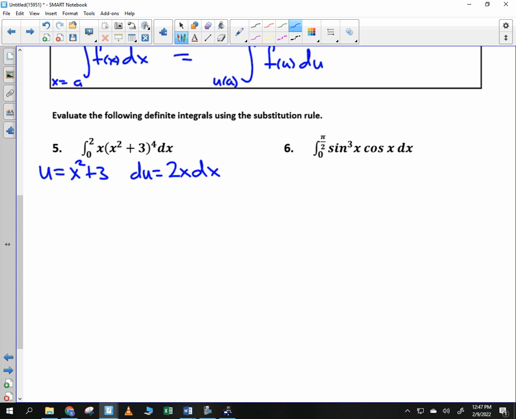One half du is equal to x dx. Remember we tried that a couple days ago. It was confusing at first, and then it's super easy. Okay, great. So I've got my substitution, one half integral du.